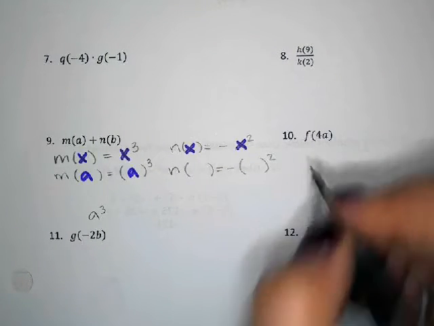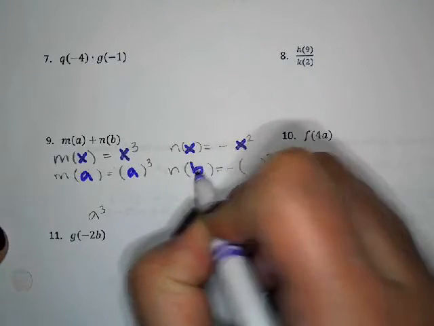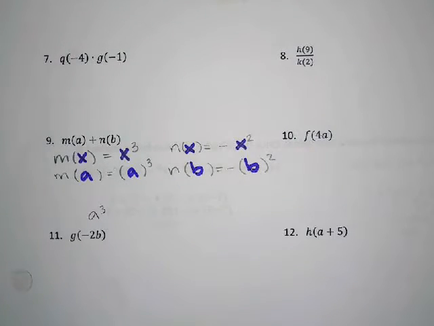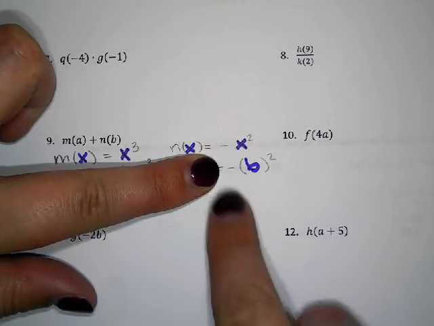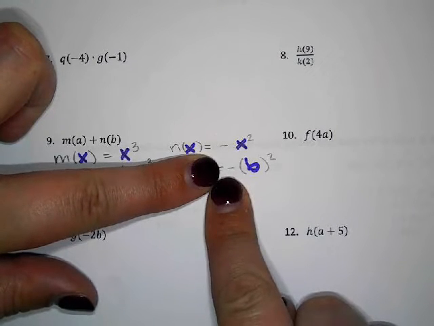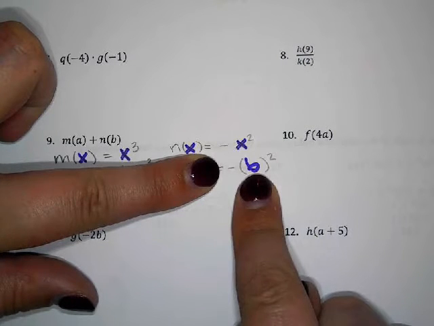And what are we plugging in? We're plugging in b. Okay. And I'm going to cover up my notation because I don't need it. So this means the negative version of b times b.